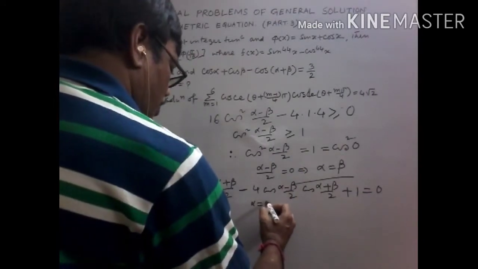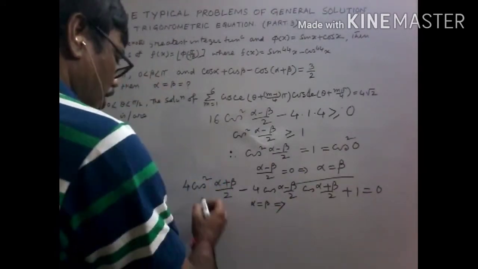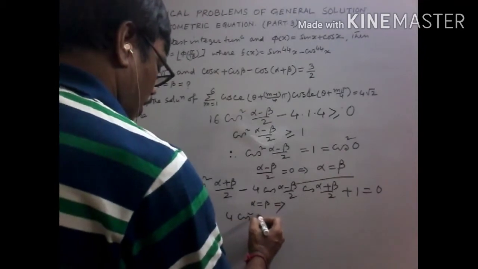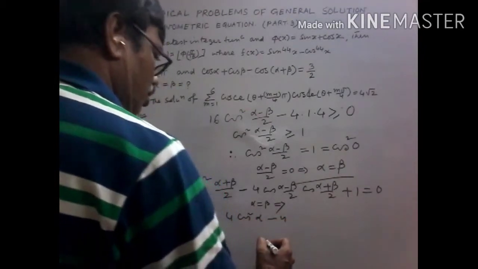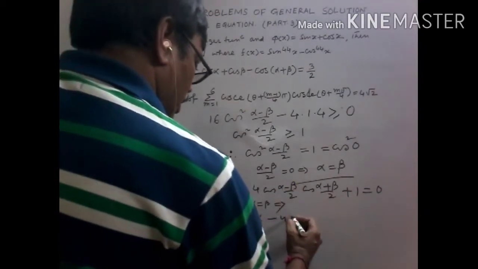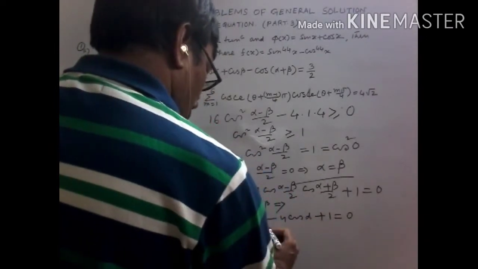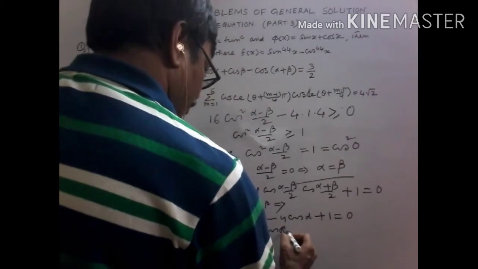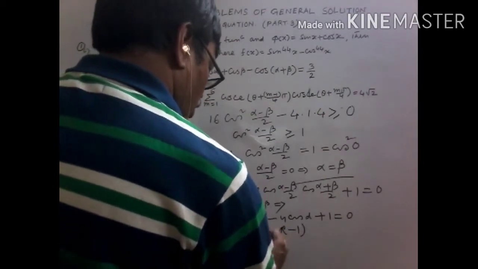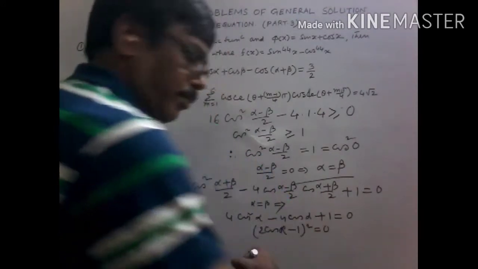So α equals β implies 4 cos² α minus 4 cos 0, which is 1, 4 cos α plus 1 equals 0. So (2 cos α − 1)² equals 0.